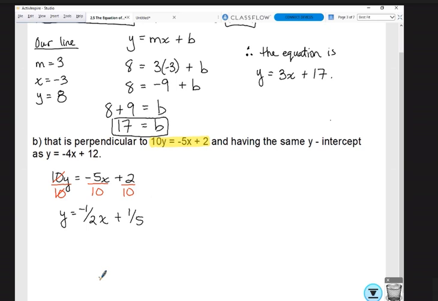So our line is perpendicular to this line. So if this line has a slope of negative 1 over 2, our line, which is perpendicular, must have a slope of what?